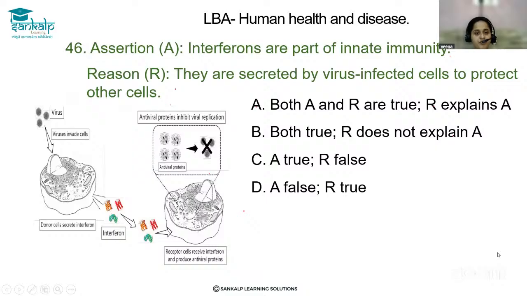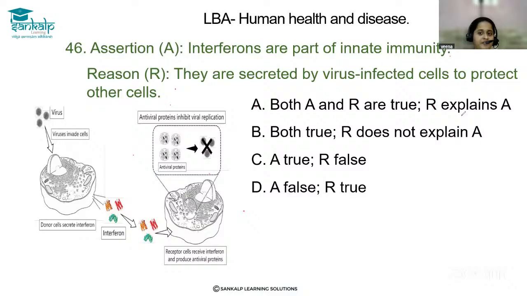Let's solve the question 46. Assertion: Interferons are part of innate immunity. Reason: They are secreted by virus infected cells to protect other cells. So dear students, just observe the picture here. Interferons are part of innate immunity.